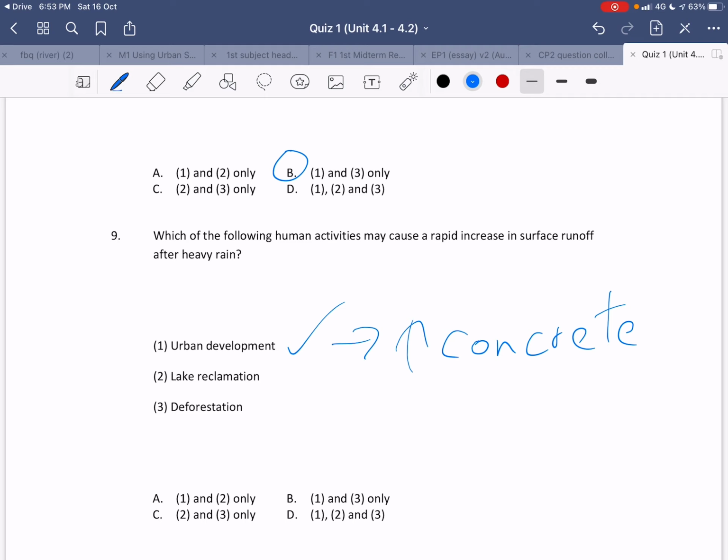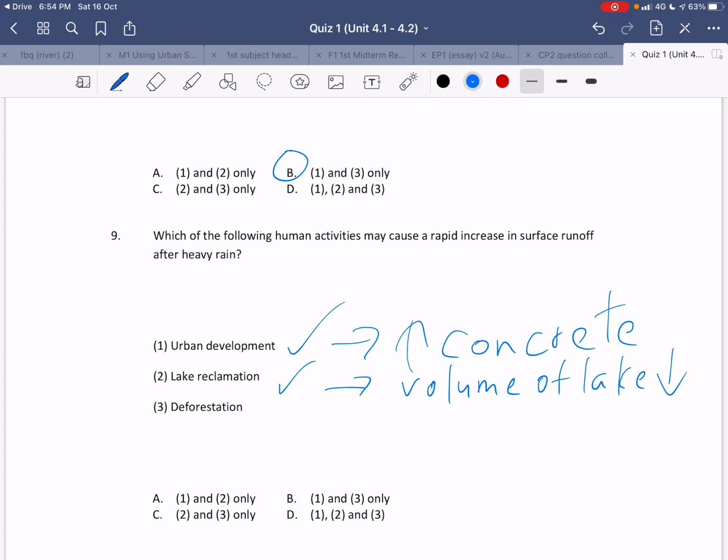Okay, lake reclamation, it's true, sorry, because the volume of the lake will become smaller, and then the water will directly go into the river and not be retained in the lake.